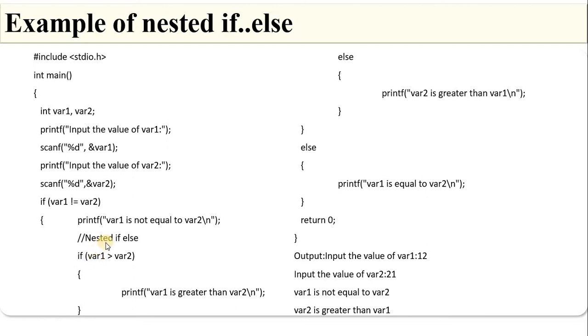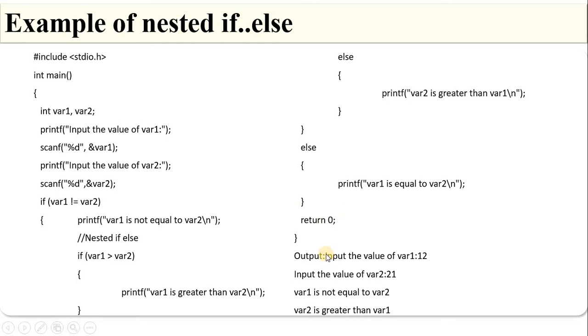If var1 is greater than var2, it means that var1 is greater than var2, else var2 is greater than var1, and this outer if block is closed here, and there is an else block for this outer if, and if var1 equals var2, then this condition won't be true, so it will come here and display var1 is equal to var2.